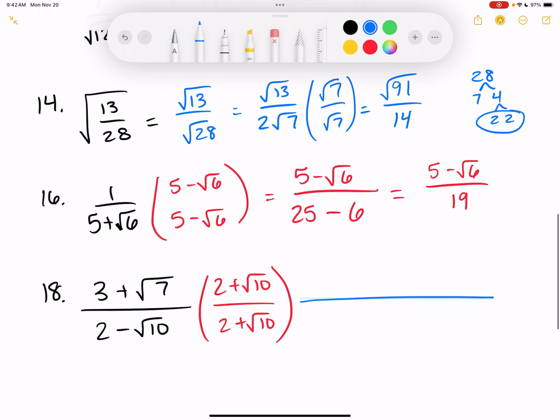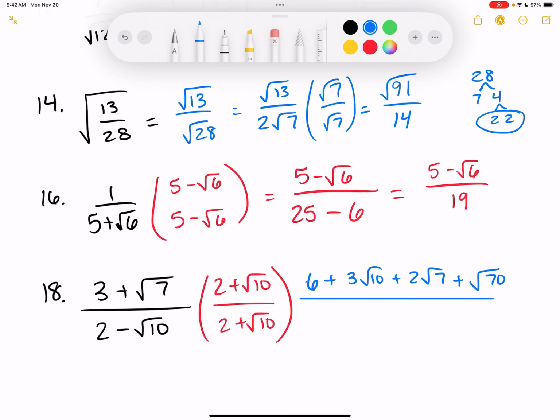Now, on the top, I'm foiling. So 3 times 2 is 6, plus 3 times square root of 10 is 3 root 10. Square root of 7 times 2 is 2 square root of 7. And then square root of 7 times the square root of 10 is the square root of 70, which I can't take anything out of either because 7 and 10 don't have anything in common.